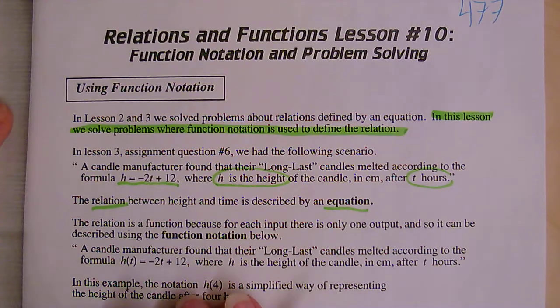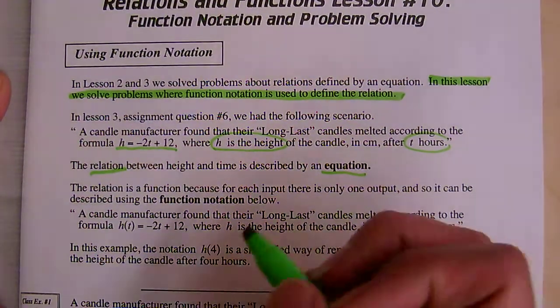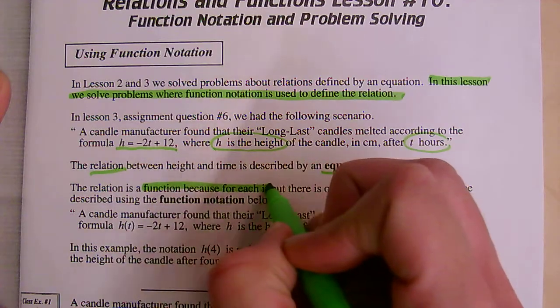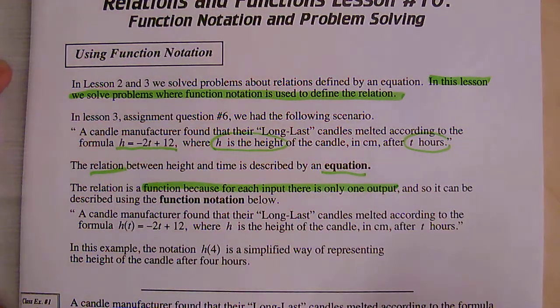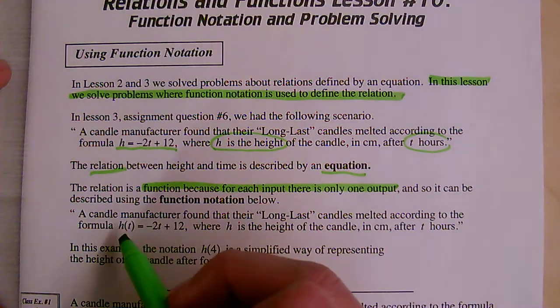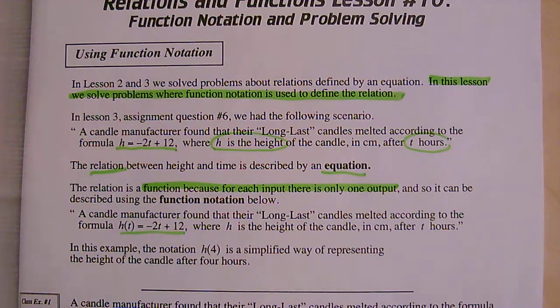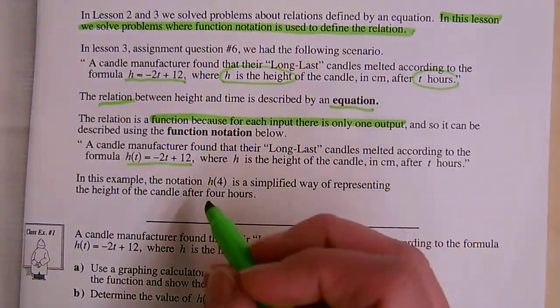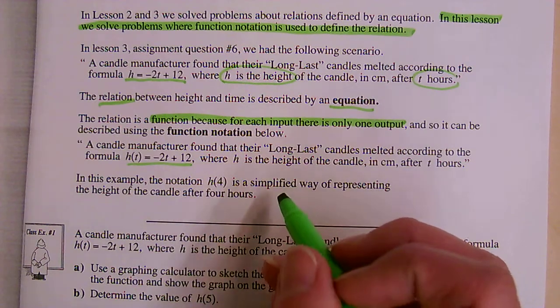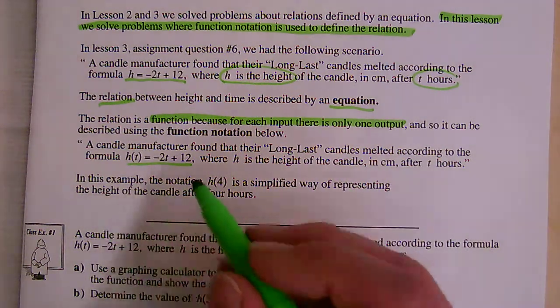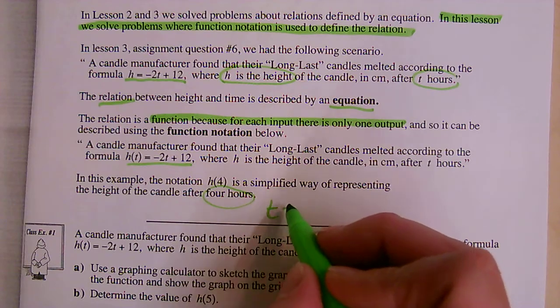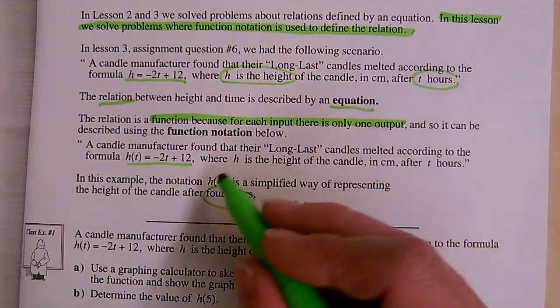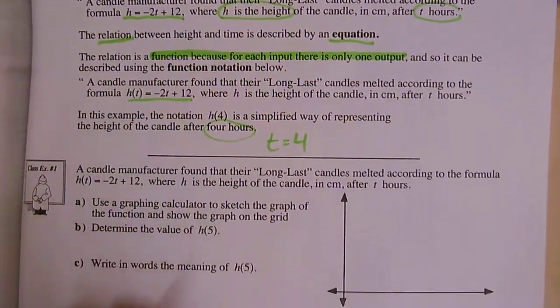The relation is a function because, and this is our definition, for each input there's only one output. So function notation can be used. In this example, the notation H of 4 is a simplified way of representing the height of the candle after 4 hours, because T is equal to 4, I substitute that in.